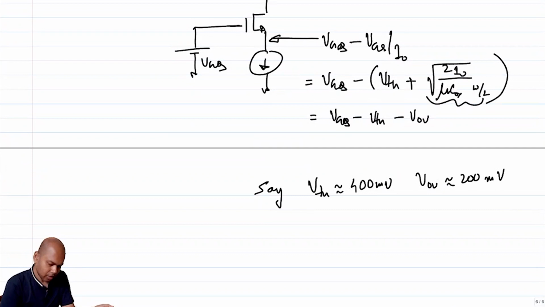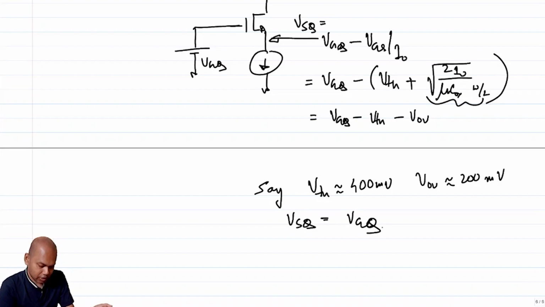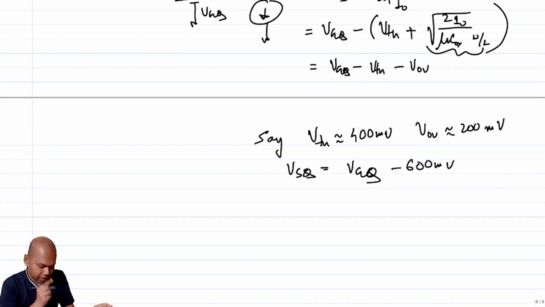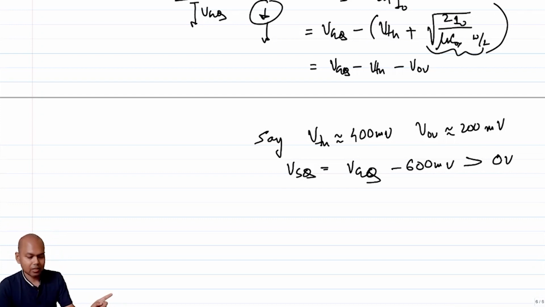Then you see that the voltage VSQ is essentially VGQ minus 600 millivolt. And I have to ensure that VSQ is always above 0 volt, right? But not so fast, because I'll have to ensure that this also takes into account the signal swing.